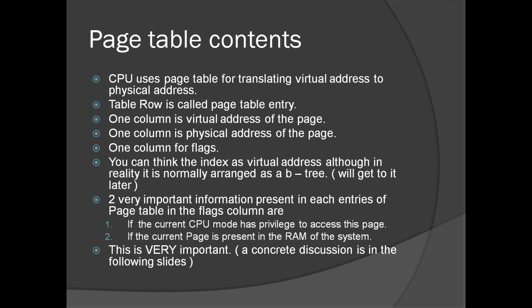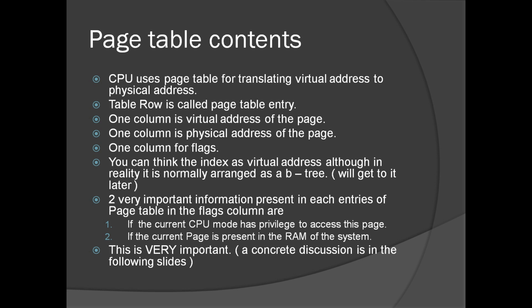Two very important pieces of information present in each entry of the page table in the flags column are whether the current CPU mode has privilege to access this page, and whether the current page is present in the RAM of the system or not. So this is very important.